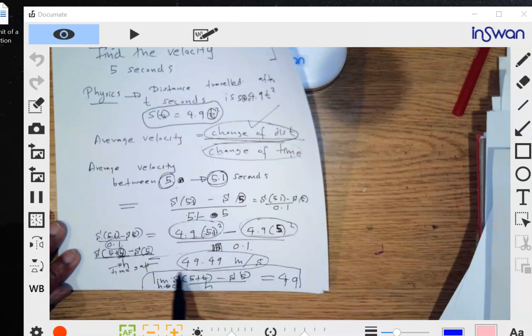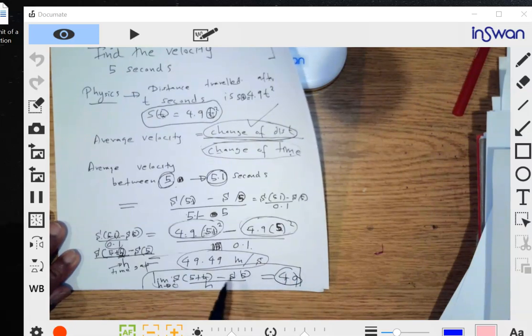So the idea of a limit is there, and the idea of an instant velocity is there, because it is no longer the velocity between 5 and 5.1 or between 5 and 5.2 or anything. This is the velocity at 5. And how do you find it once again?